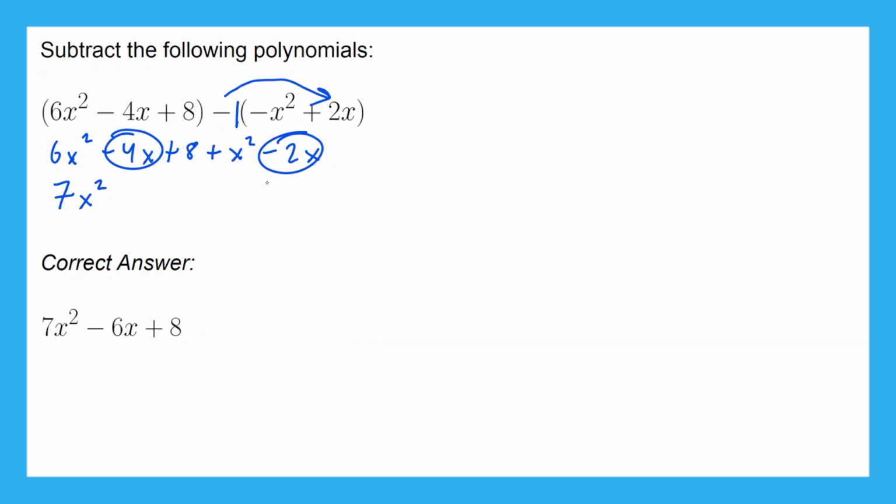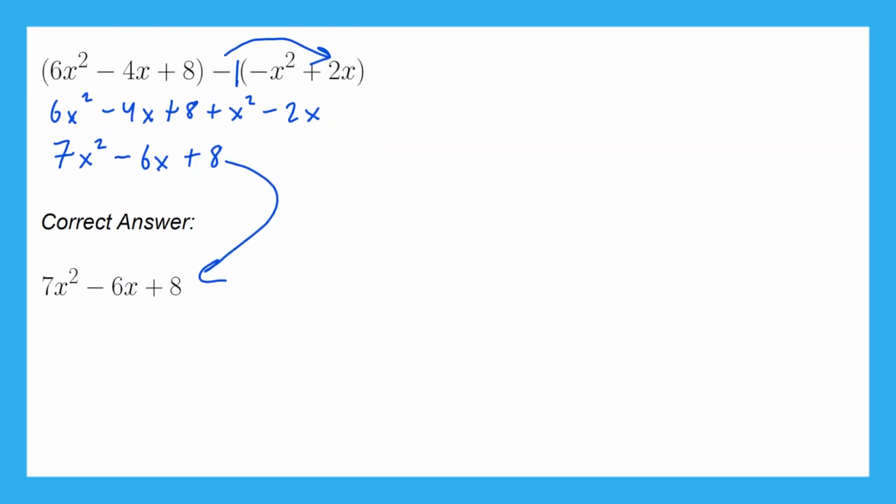Those combined would be negative 6x, right? Negative 4 of something minus 2 of something is negative 6 of that something. So minus 6x. And we still have positive 8, but the 8 has no like term, so we're just going to rewrite that. So plus 8. And there you can see that we have exactly the answer we should get.